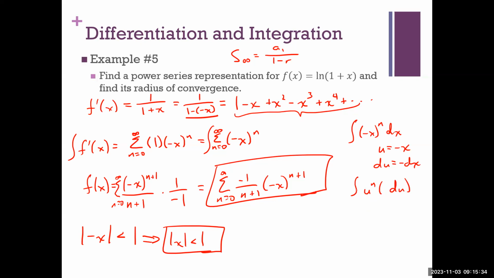So I'm going to go ahead and pull that negative out of the integral. What's the integral of u to the n with respect to u? Right. And we're carrying the negative sign. Now I'm going to resubstitute. So what is u?